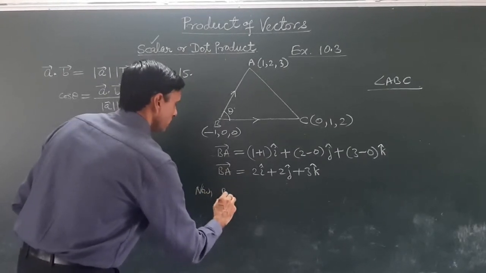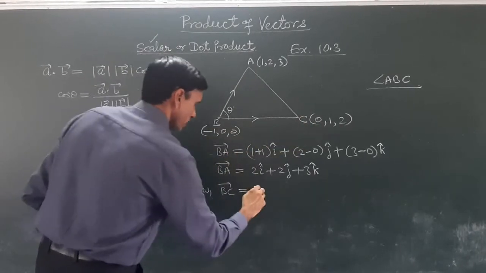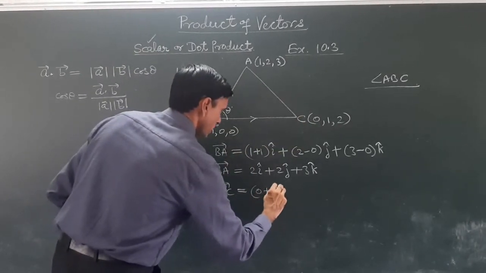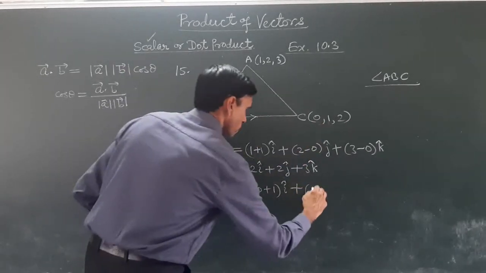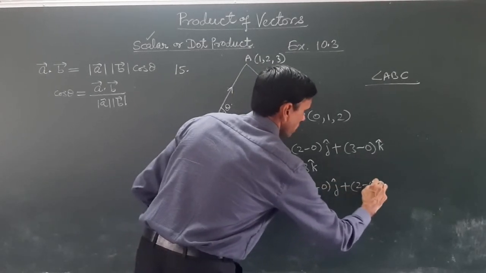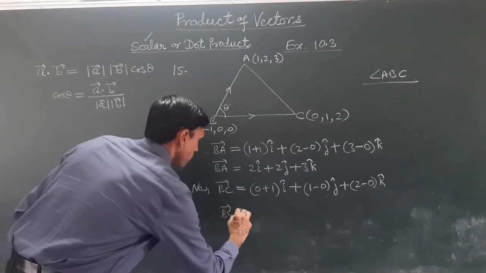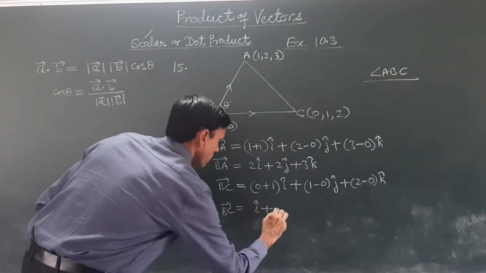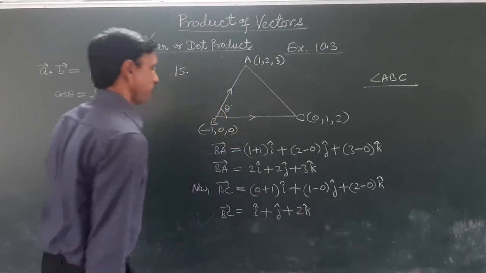now BC, 0 minus minus 1, 0 minus minus means plus 1 minus 0 j, 2 minus 0 k. So this BC will be i plus j plus 2k.